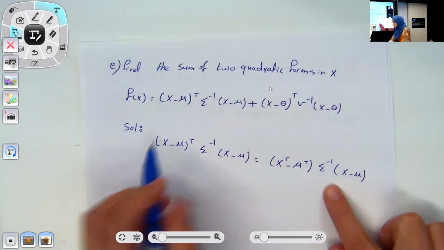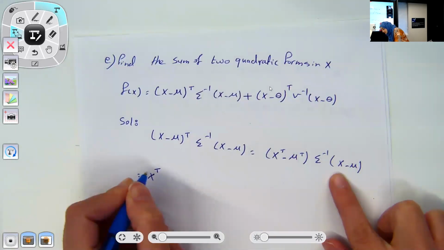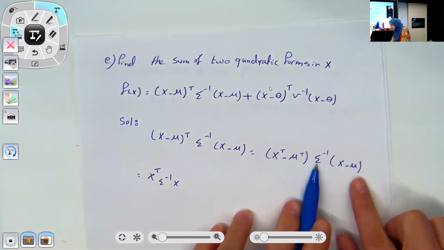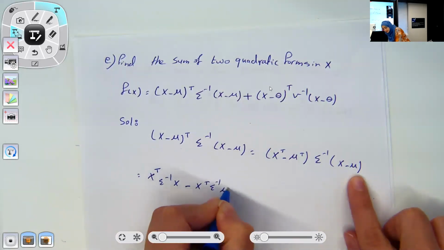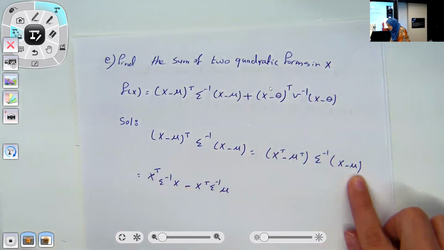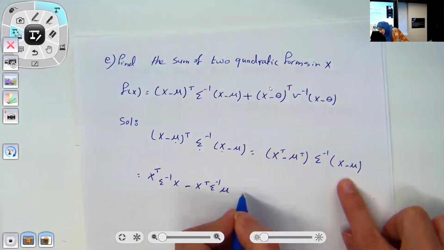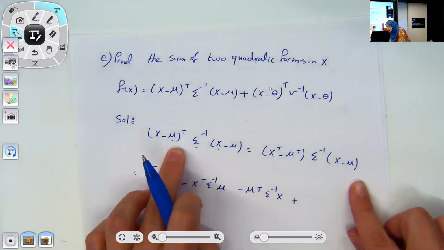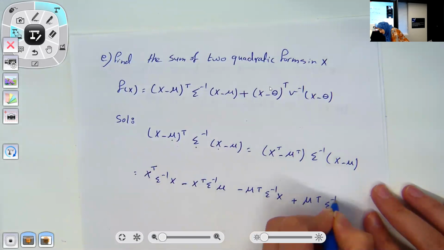Now we can expand X transpose times sigma inverse times X. This is the first term, X transpose sigma inverse X. The second term, X transpose times sigma inverse times mu, minus X transpose sigma inverse mu. Then mu transpose times sigma inverse times X, minus mu transpose sigma inverse times X, and the last one plus mu transpose times sigma inverse times mu.